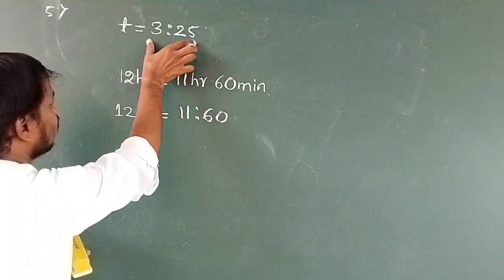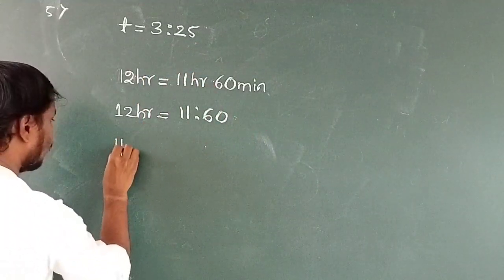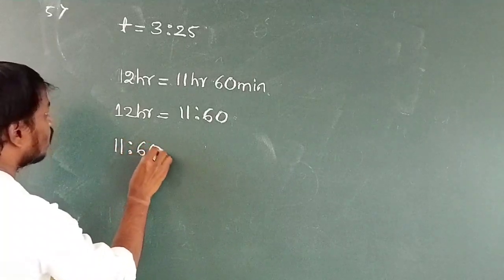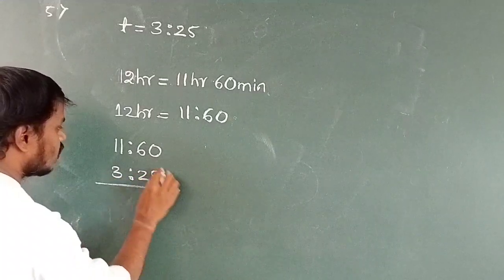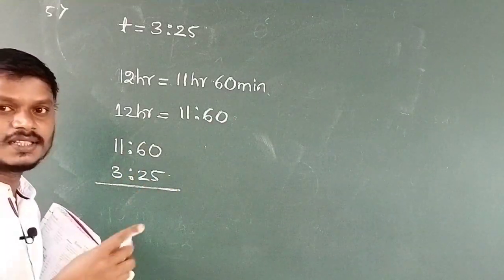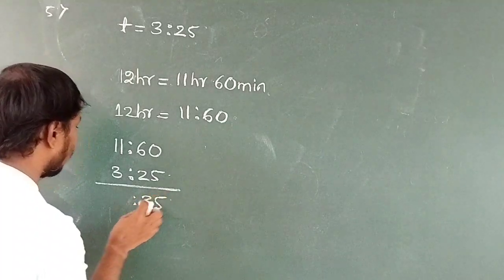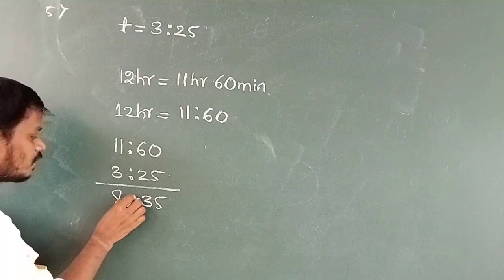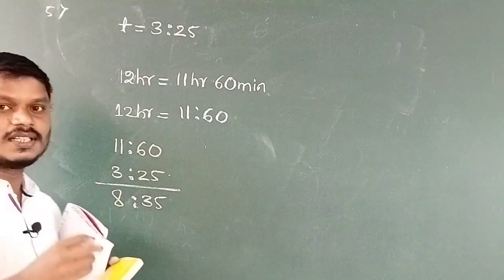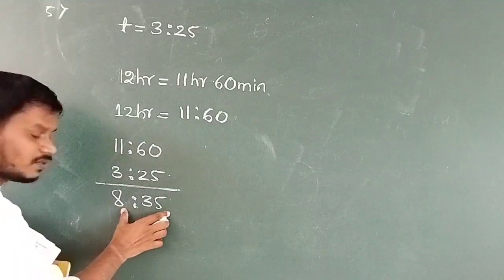We have to subtract 3:25 from 11:60. 11:60 minus 3:25. 60 minus 25 is 35. Then 11 minus 3 is 8. So 8:35. So what is the time appearing in the mirror? The time appearing in the mirror is 8:35.